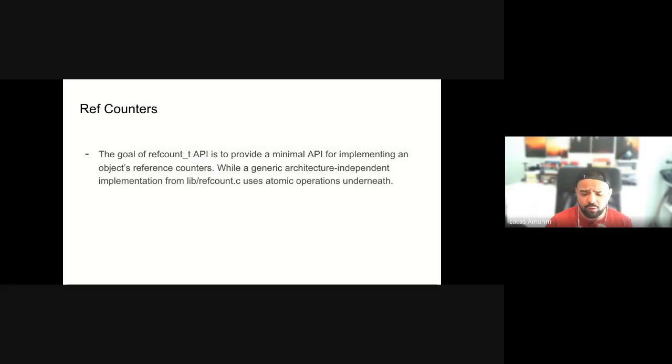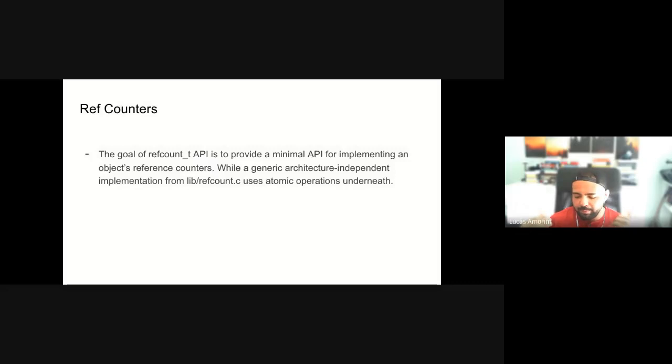The reference counter is mostly used when you have a piece of memory that was allocated in the kernel, and then you have different subsystems or different areas of the kernel using that. So we have to keep a reference, so we make sure that we don't clean that memory up while we still have other areas in the kernel, other subsystems or functions, using it, right?